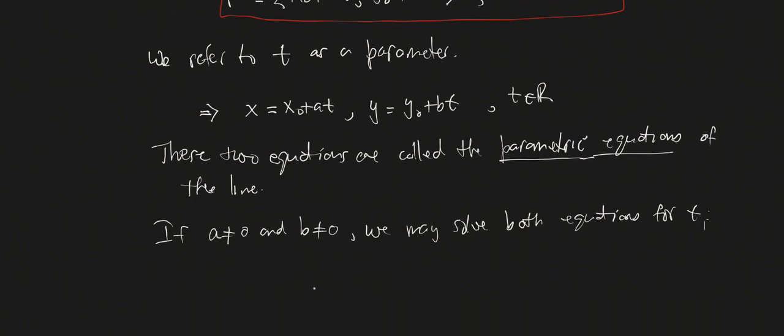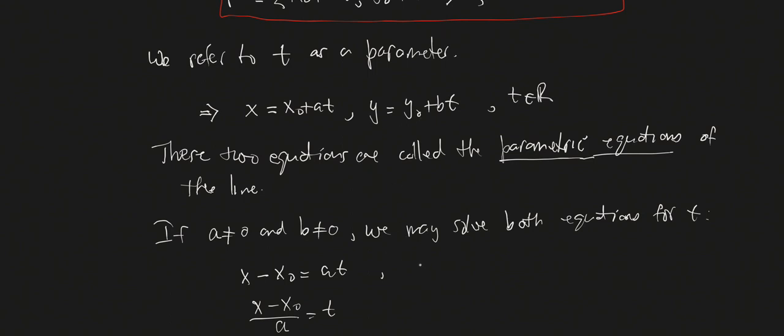So if I were to solve the first equation for t, I would subtract x0 from both sides, and then because a is not 0, I can divide both sides by a. So I can have x minus x0 over a, that's equal to t. And then I can do the exact same thing for the second equation.